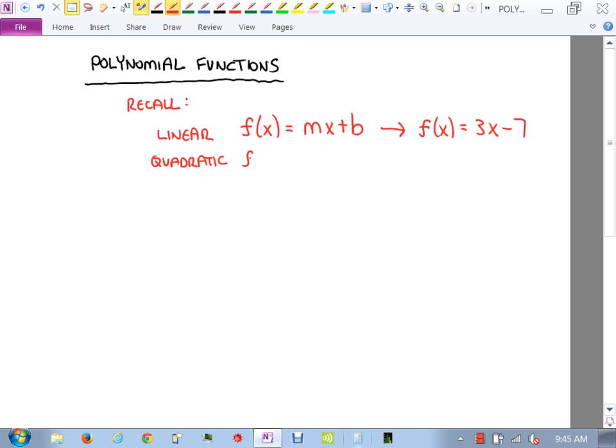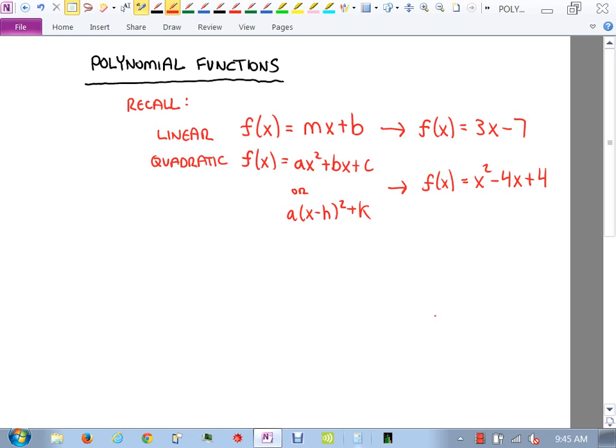Quadratic functions are what we just studied. And we could have this, ax squared plus bx plus c, or the other form was a times (x minus h) squared plus k, right? Examples of those, I'm just going to give one example, would be x squared minus 4x plus 4.